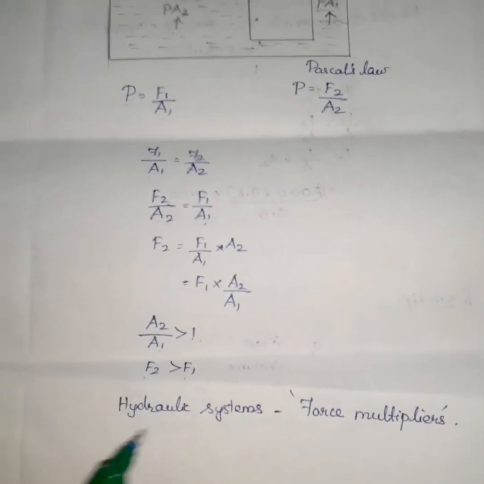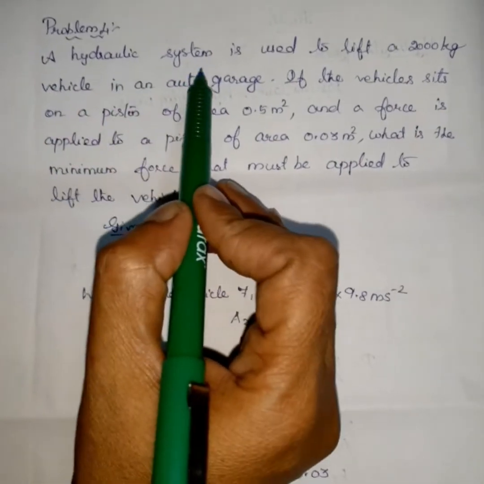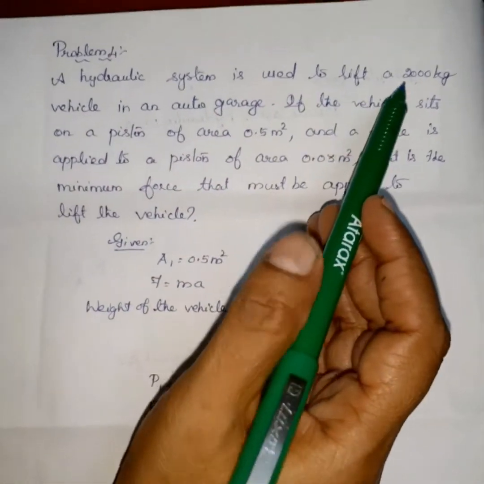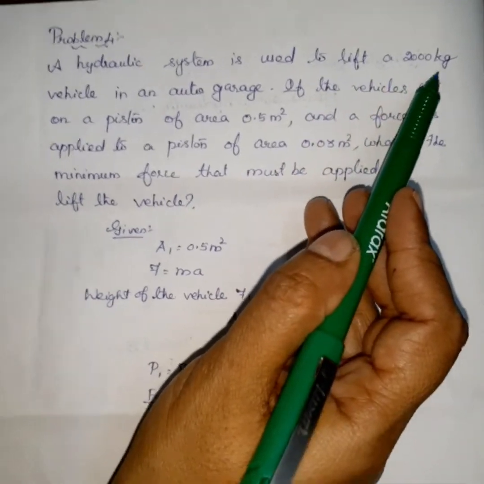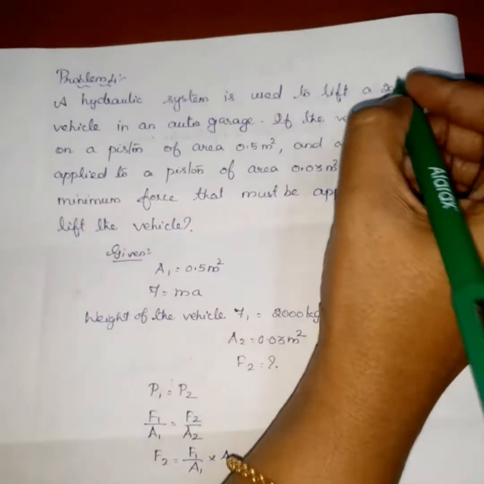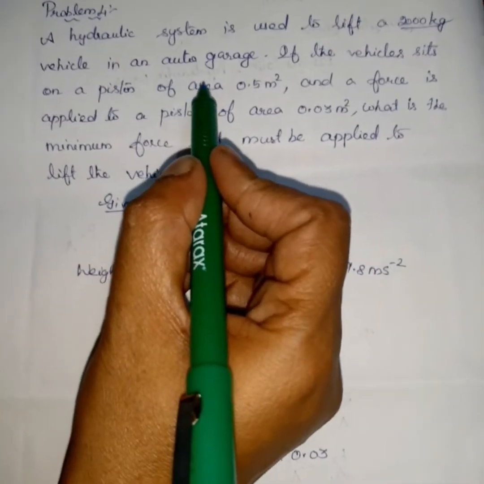Okay. Number 4. A hydraulic system is used to lift a 2000 kg vehicle. So the mass is 2000 kg in an auto car.